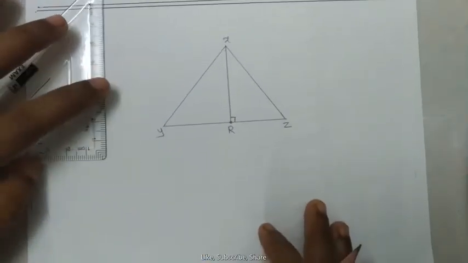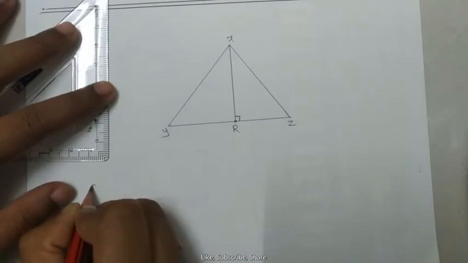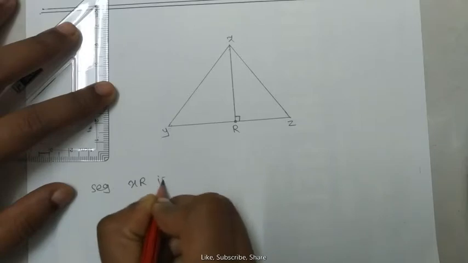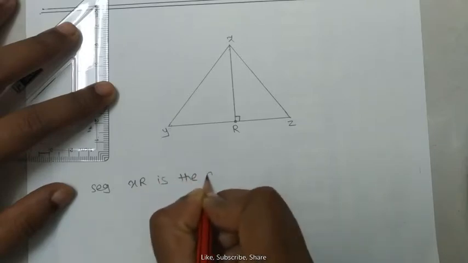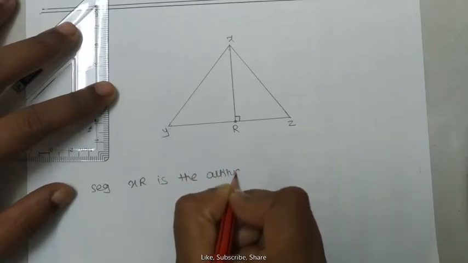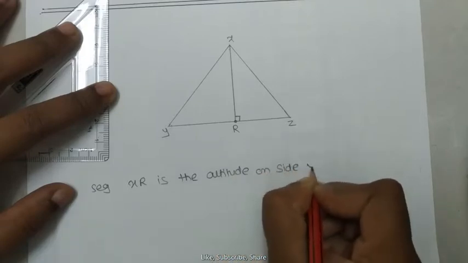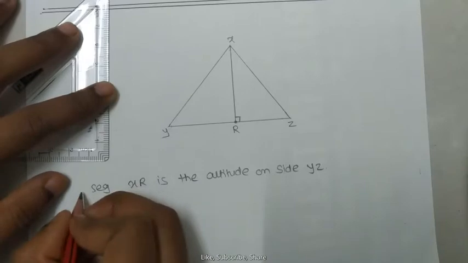So we have to write here: segment XR is the altitude on side YZ. This is our first point.